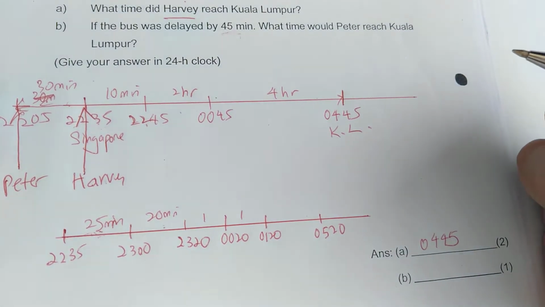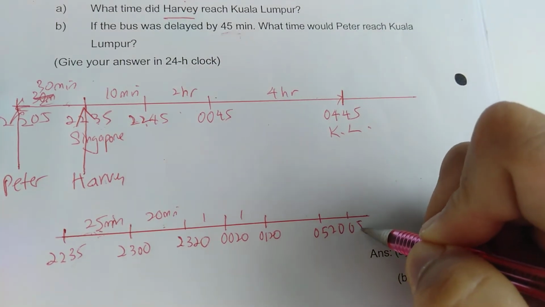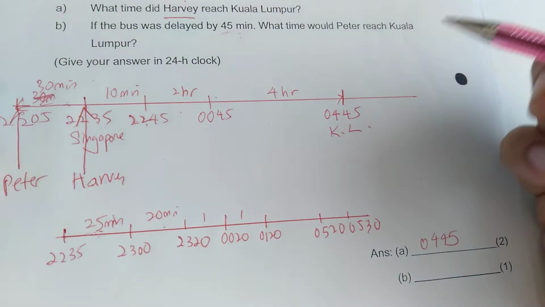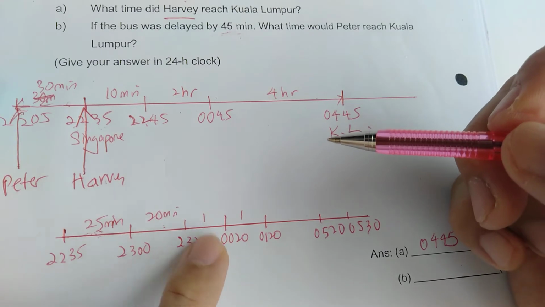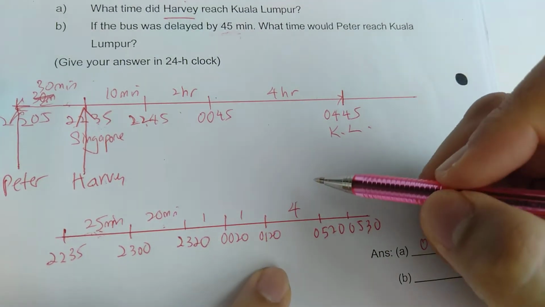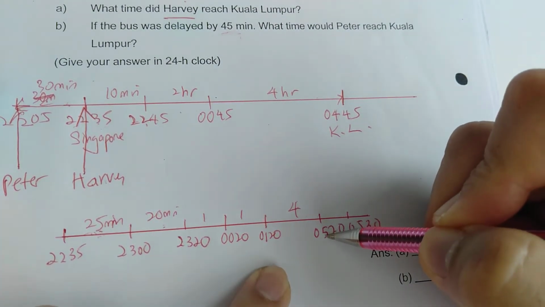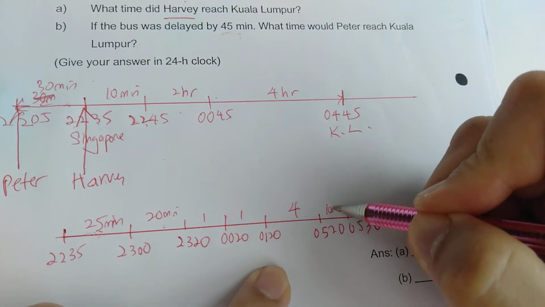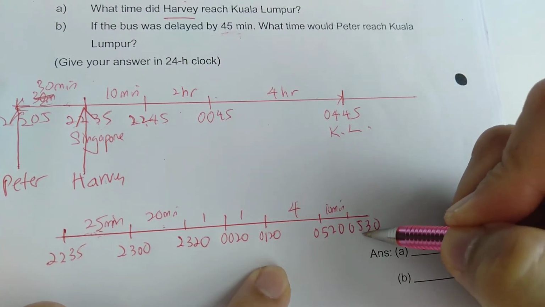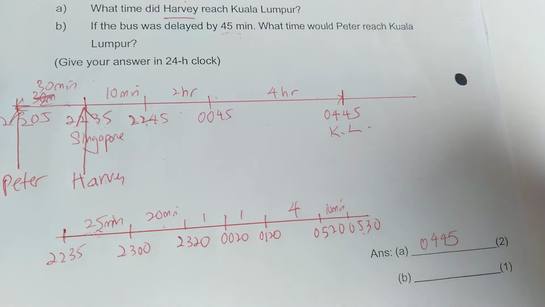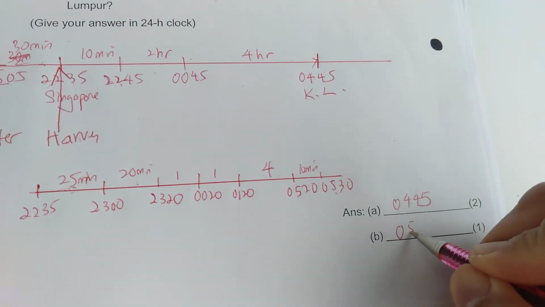Plus 10 minutes. Let's check. This 1 hour later, 1 hour later, 4 hours later. 4 plus 1 is 5. Then plus 10 minutes to 20, that's 0530. So Peter reached Kuala Lumpur at 0530.